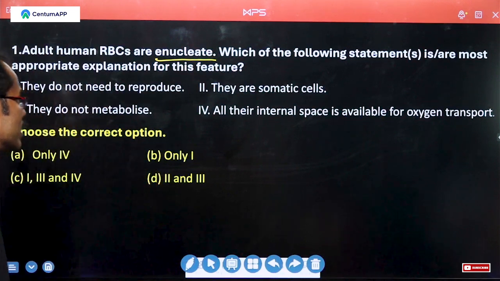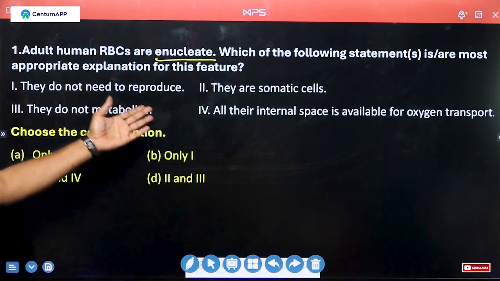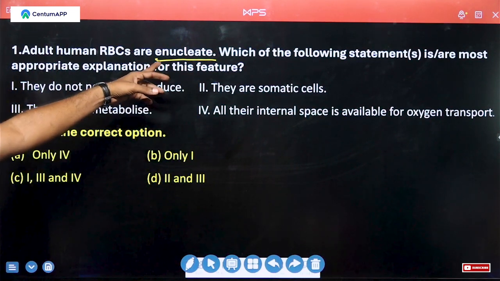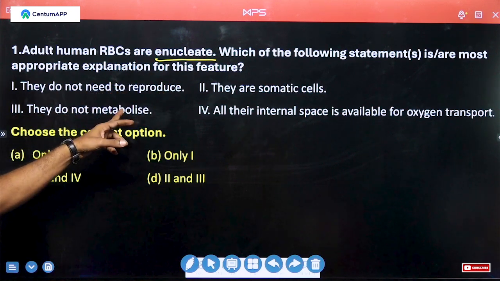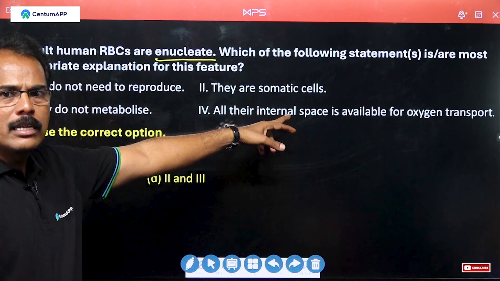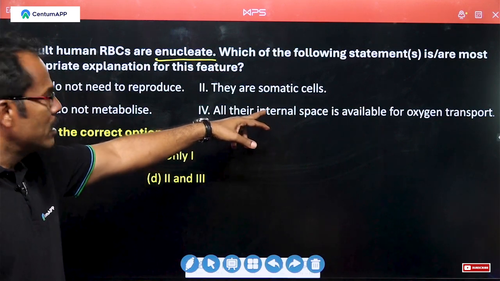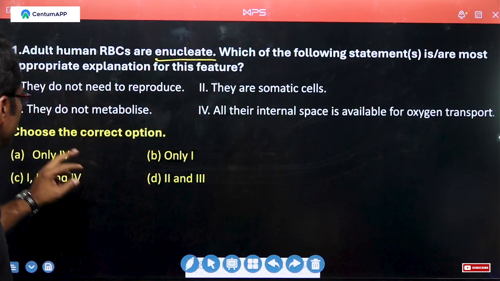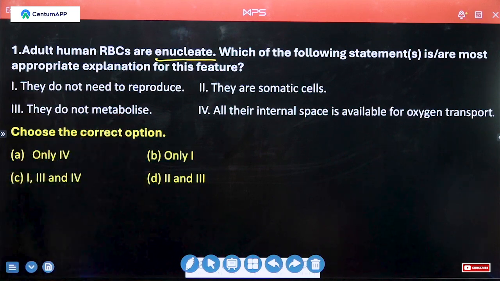Let us see. They do not need to reproduce: the nucleus is not related to reproduction in RBCs. They are somatic cells, but these are red blood cells, and they do not metabolize.